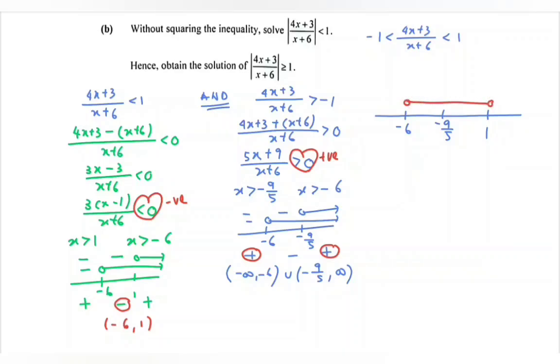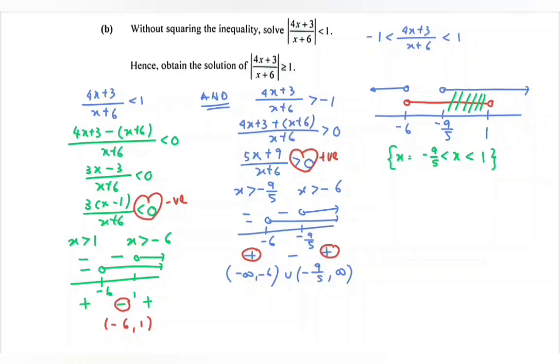Second part, blue in color, we have negative 6 and then negative 9 over 5. So for the AND case, we have to find the intersection between the two intervals, and here will be the answer. So the answer for the situation would be x such that x is greater than negative 9 over 5 and less than 1. So that would be the solution set.